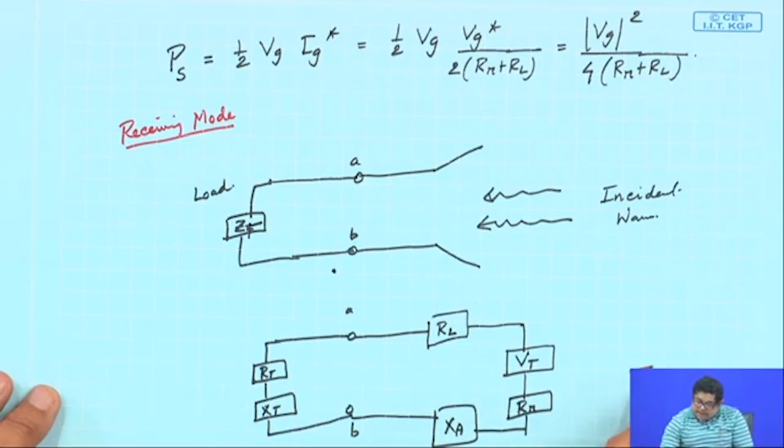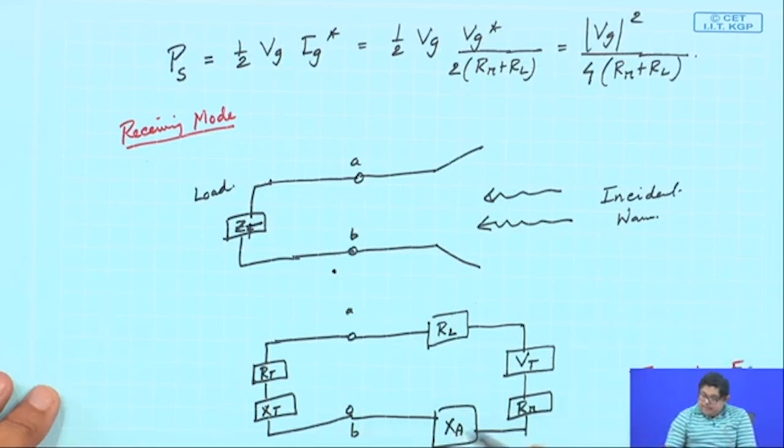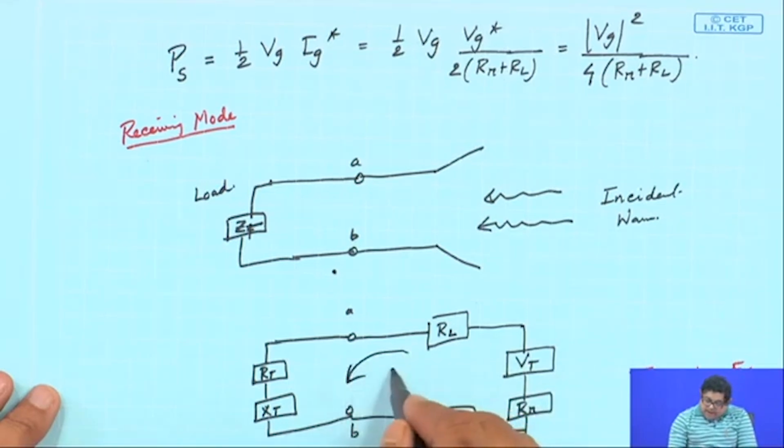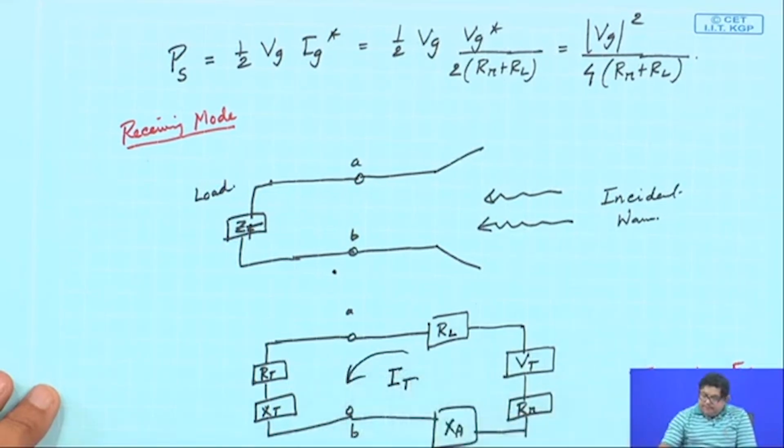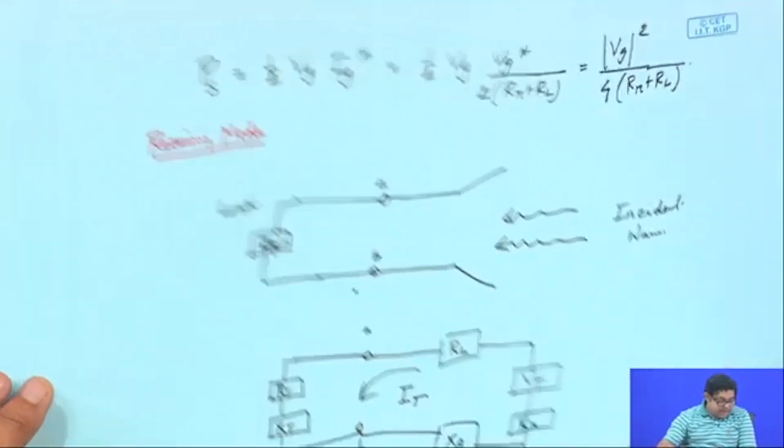I can say that this is the Thevenin equivalent circuit of the antenna, and obviously now there will be a current flowing, IT. What is IT now?